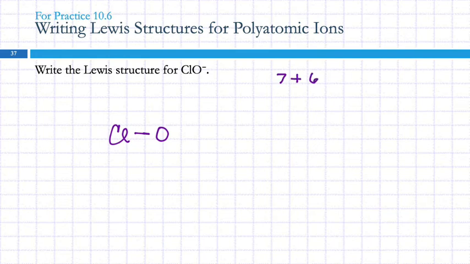And then what do we do with this charge? That means there's an extra electron, plus 1. So that means I have 12 valence electrons that I can show in this structure. I'm sorry. I can't add today. Yes, it's 14. Thank you.